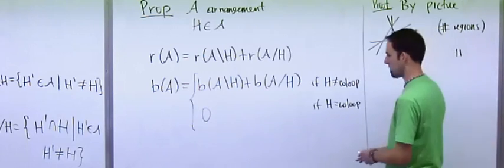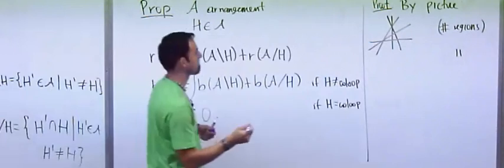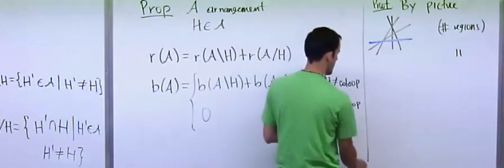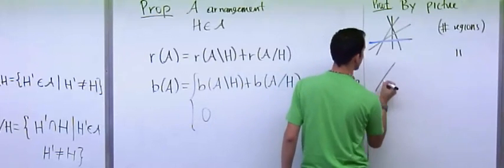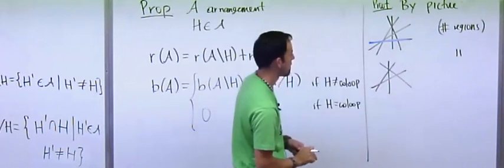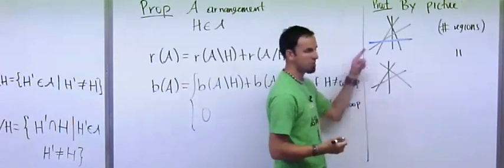Well, first, let's forget about the blue hyperplane. This arrangement had a certain number of regions.